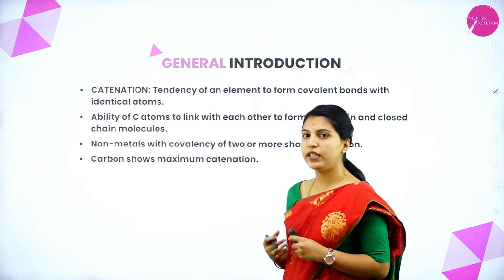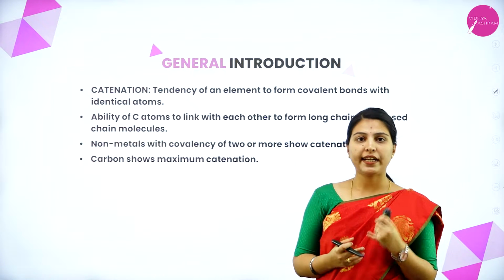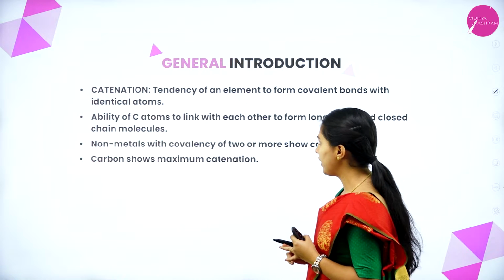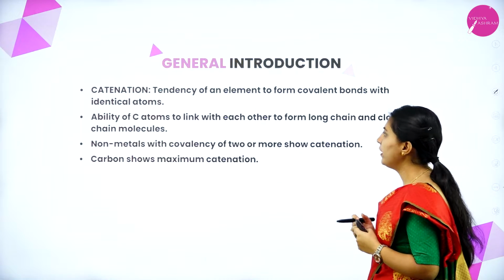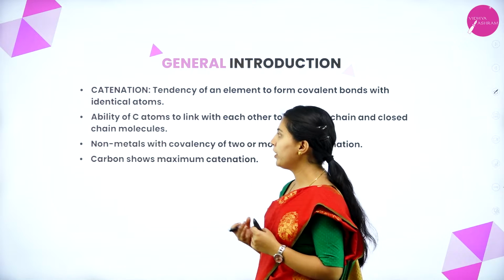If we come to carbon, we know that carbon has two major properties: catenation and tetravalency. First we will see what catenation is. It is the tendency of an element to form covalent bonds with identical atoms. It is a property of carbon.